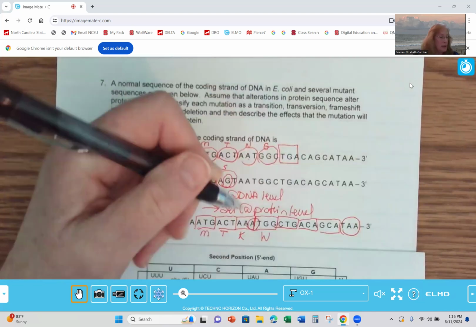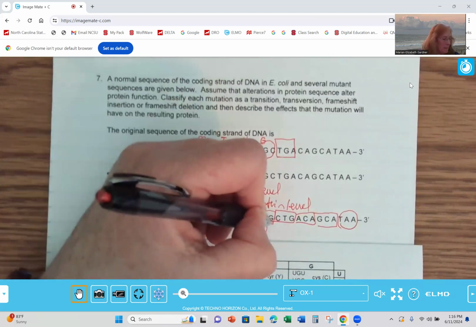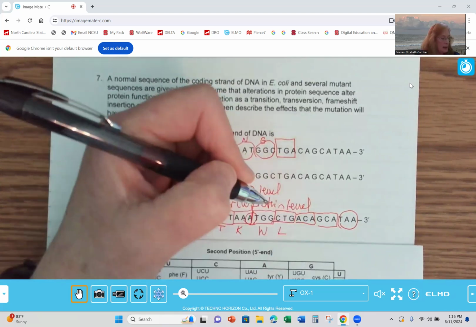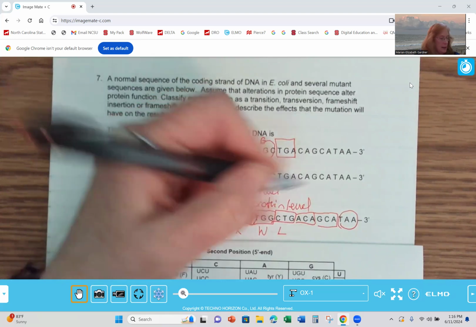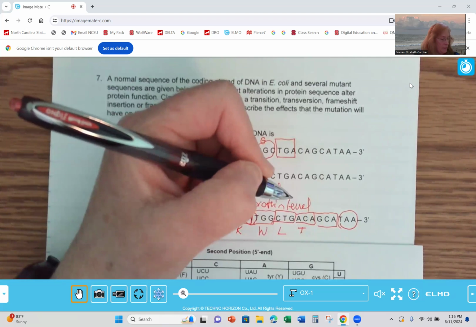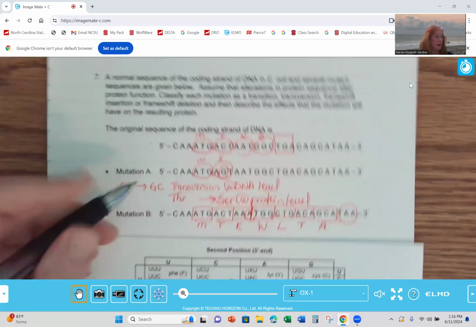Finally, it stops, so this one's going to be a read-through. CUG, leucine, ACA, threonine, GCA, alanine. So that went really long.